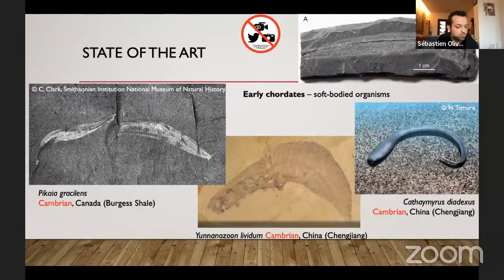So our first thought when we saw the fossil from the Centre Grégoire Fournier was that there is a striking similarity with early chordates from the Cambrian of China and Canada, with the putative dorsal notochord that you can see here and the elongated shape of the body. But more details are needed to clarify the assignment of these fossils.